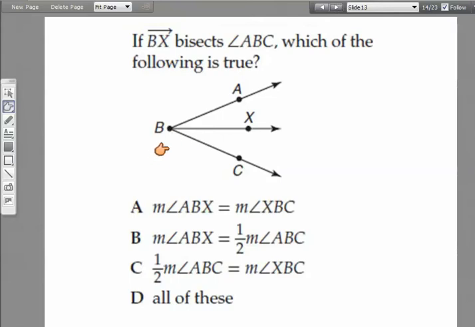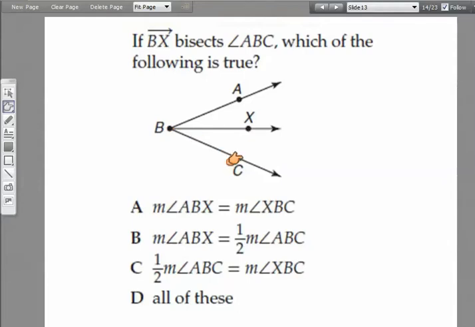So let's look at this one. It says, if ray BX bisects angle ABC, which of the following is true? Let's look at A. The measure of angle ABX equals the measure of angle XBC.